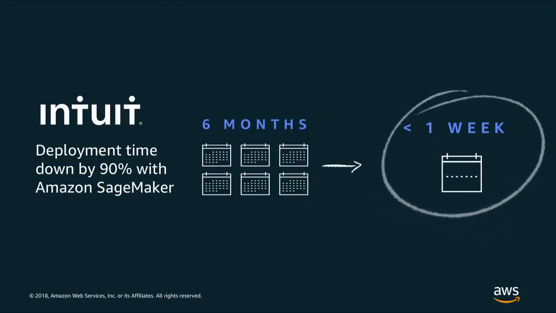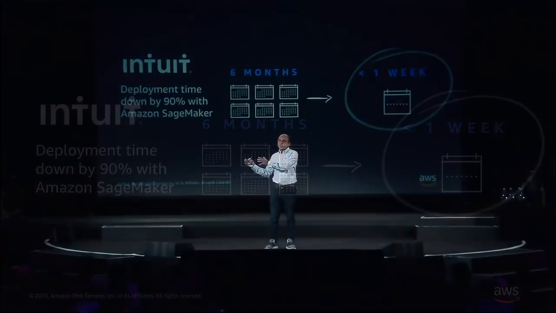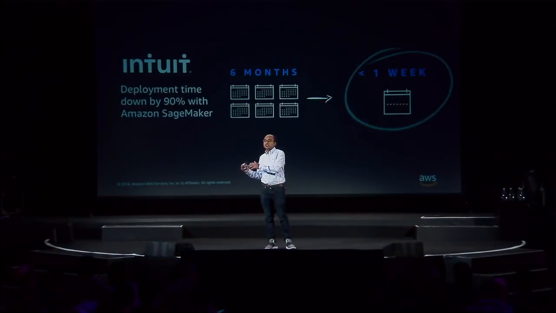We want to reduce the time going from an idea to actually getting into production. We've seen this successfully with Intuit as an example, where they've been able to reduce going into production from about 6 months to a week.